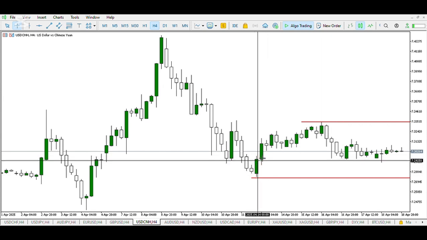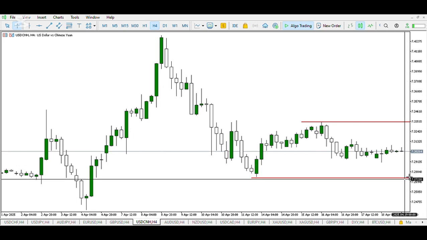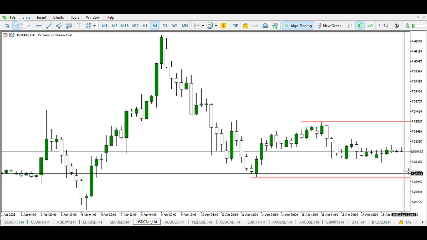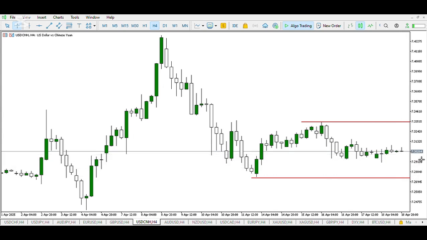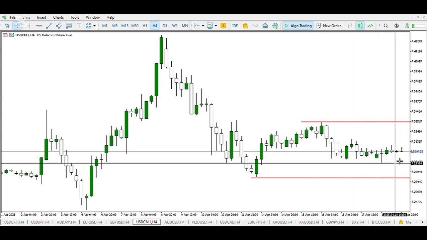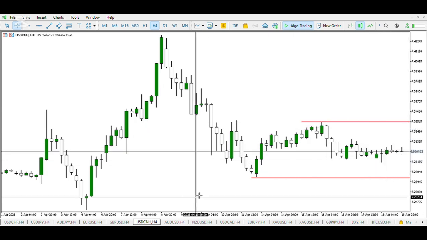Otherwise, right here, this is not a strong support. You can expect price to consolidate, take out this low and generate a pattern for a buy. So those are the possible case scenarios on USD/CNH, as there is no clear direction on this pair.